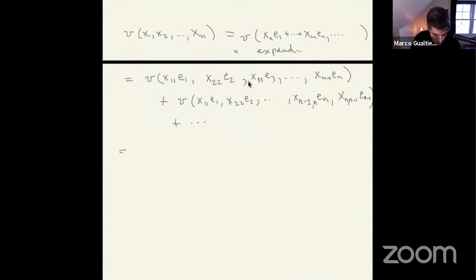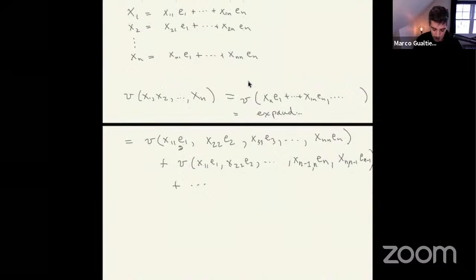So let me write the result of this. So I'm going to use linearity. So, okay, how many terms am I going to have, first of all? Whenever you choose a basis vector, once you choose one of these components to put in the first slot, then that component is basically excluded from any other slot because it will just give 0. So that means that when I choose E1, I'm not allowed to select E1 from any of the remaining.